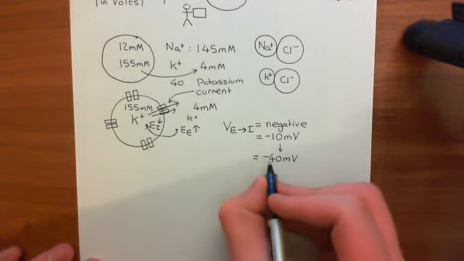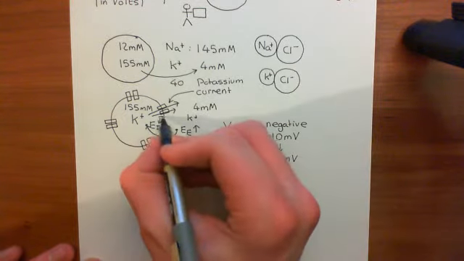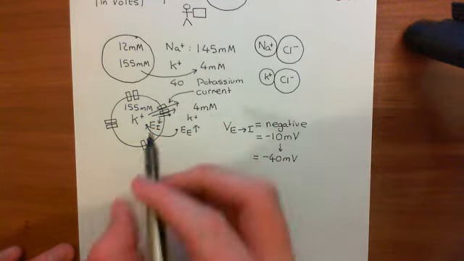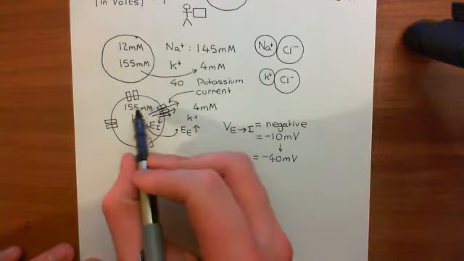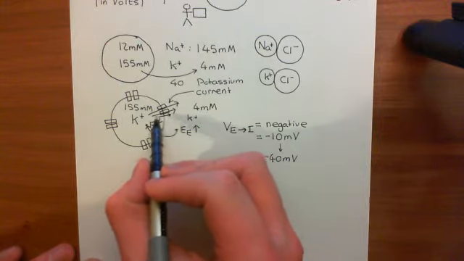Okay, now that's better, it's getting more and more negative, it's getting stronger and stronger, but that's still not going to be enough to actually completely stop the movement of potassium ions out because of this concentration gradient. So you've still got a net movement out, you still haven't reached an equilibrium.